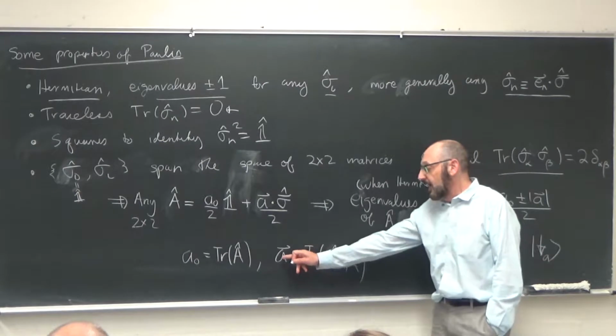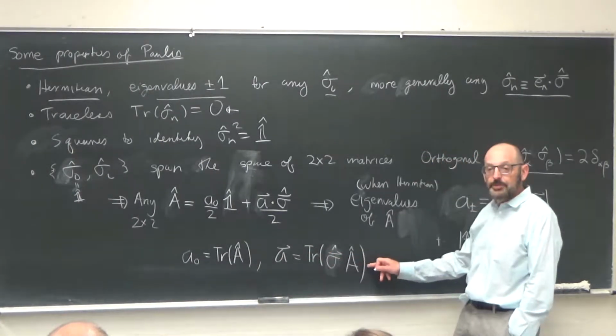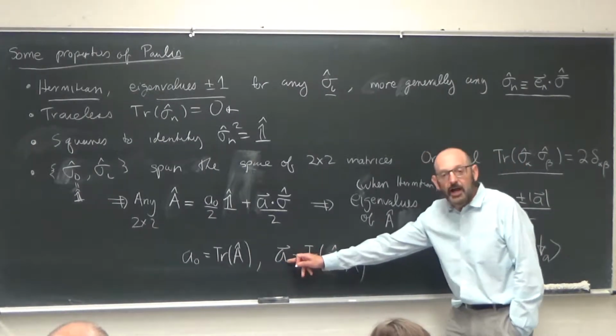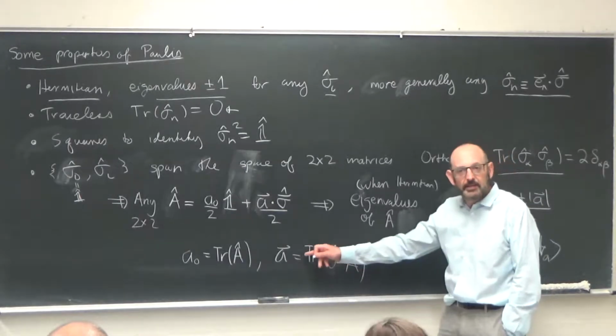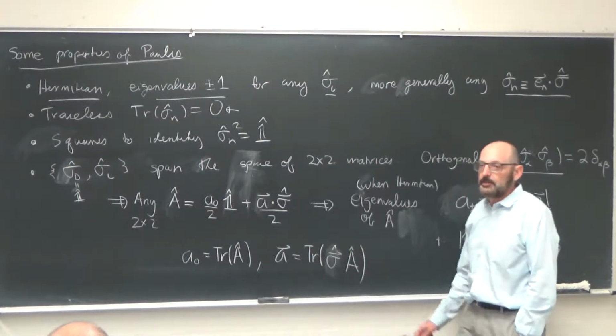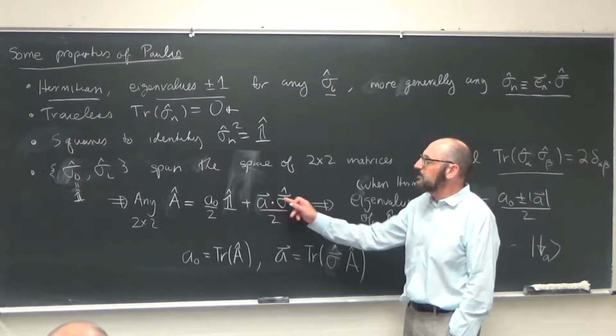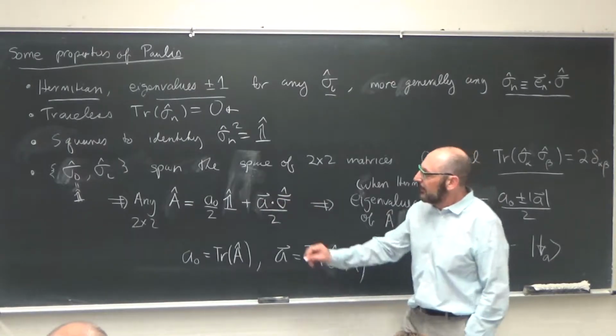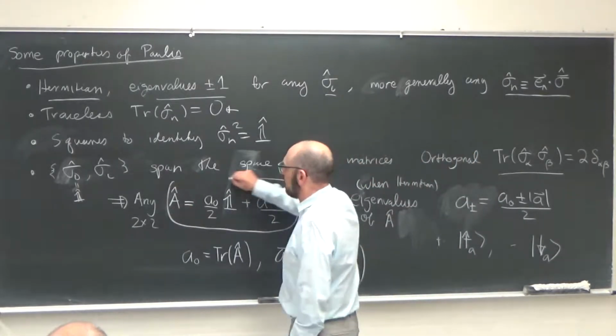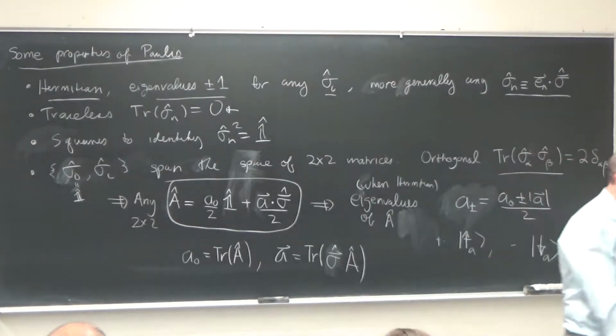So there will be an A sub x, which is the trace of sigma x with A. There's an A sub y, which is sigma y with that. Okay, so there are 3 numbers that represent the 3 coefficients that go here. This is a very important formula. We use it all the time.